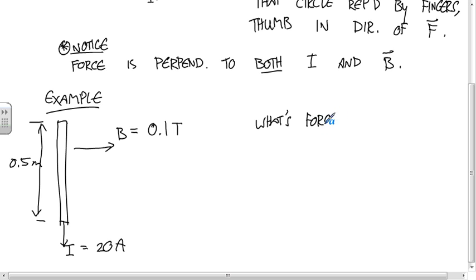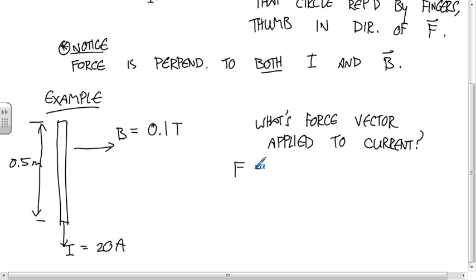What's the force vector applied to the current? Well, the force, to come up with the magnitude, is equal to the magnitude of the current, so 20, times the length of the current that's exposed to that magnetic field.